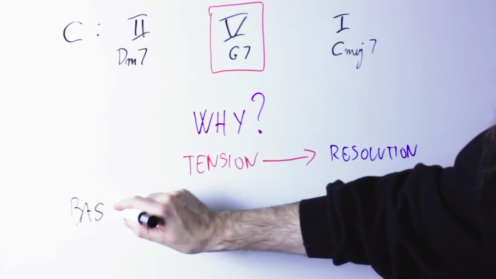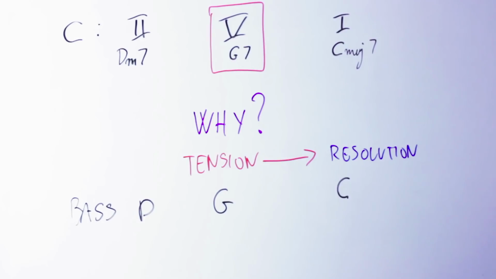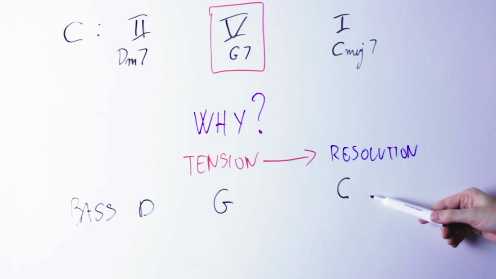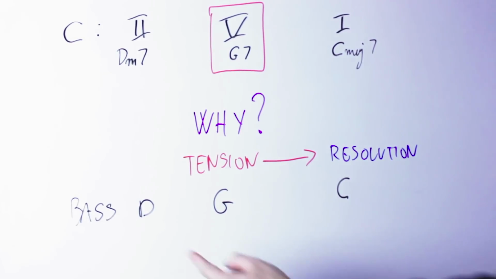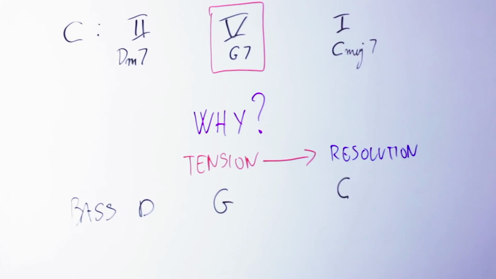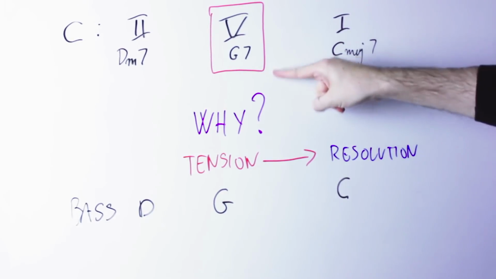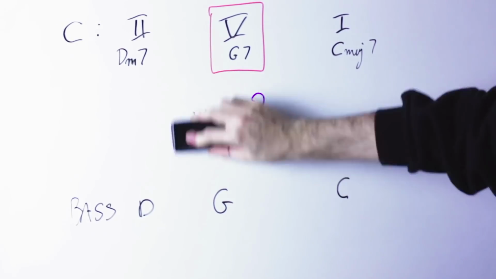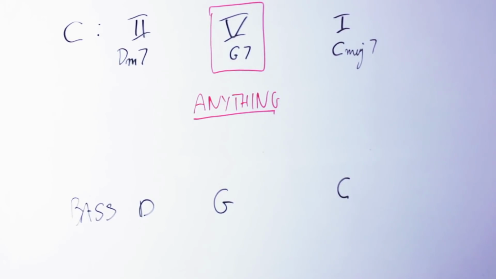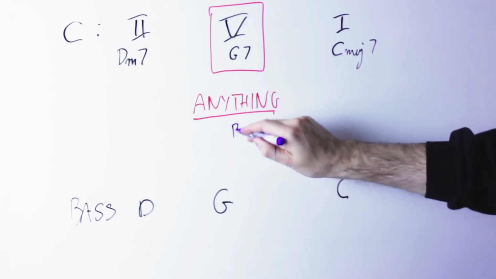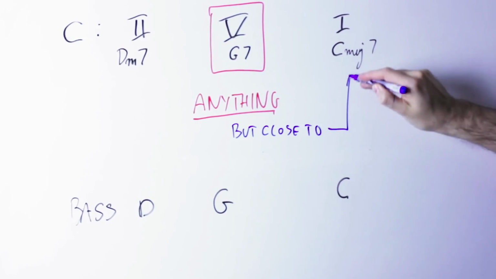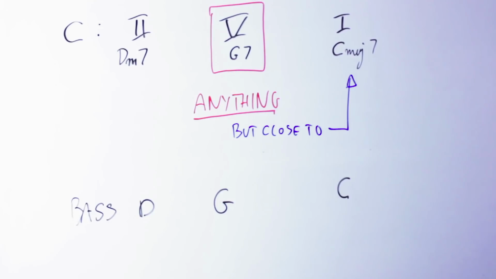So here's the thing: as long as you keep the bass note going D, G, C, exactly as they are in the standard 2-5-1 progression, then on the G7 you can take all the other notes of the G7, eliminate them and play instead literally any other note, as long as those other notes are close enough to the notes of the following C chord.